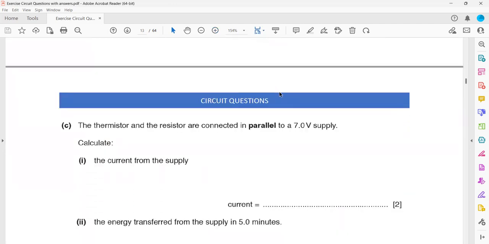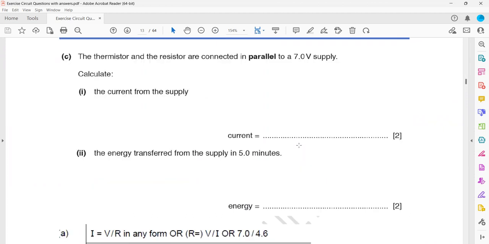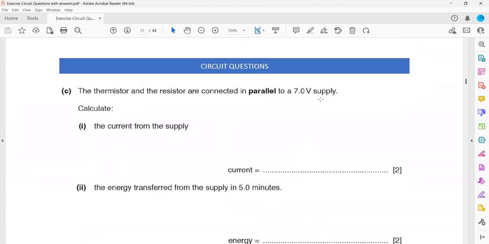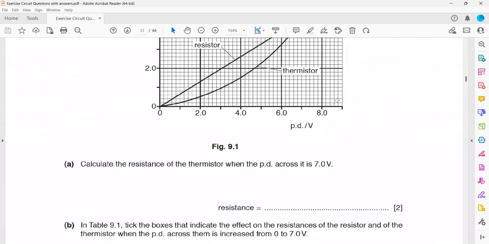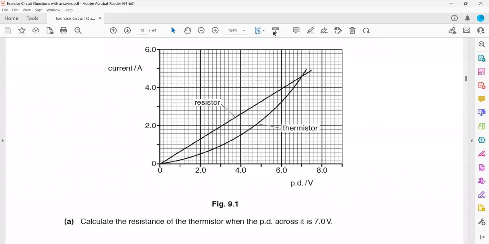The next question: the thermistor and resistor are connected in parallel to a 7-volt supply. Calculate the current. If two components are in parallel, the total current is equal to the sum of the current in each branch. This is the circuit symbol for the thermistor, and this is the circuit symbol for the resistor. Both of them are connected to a 7-volt supply.